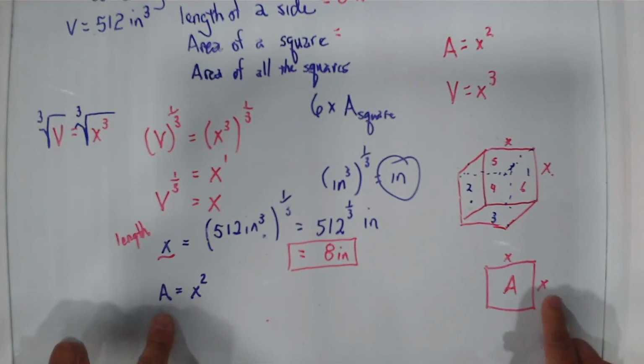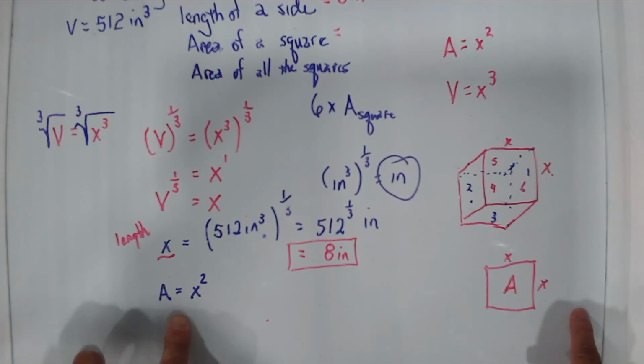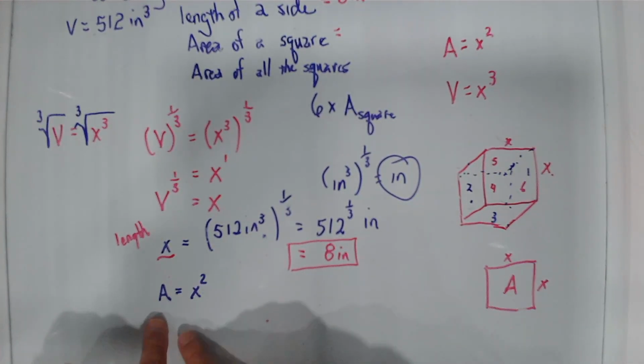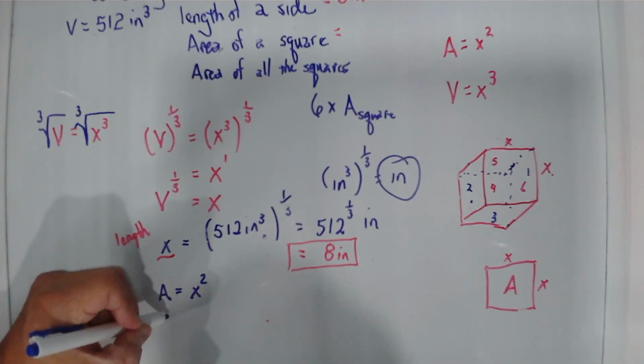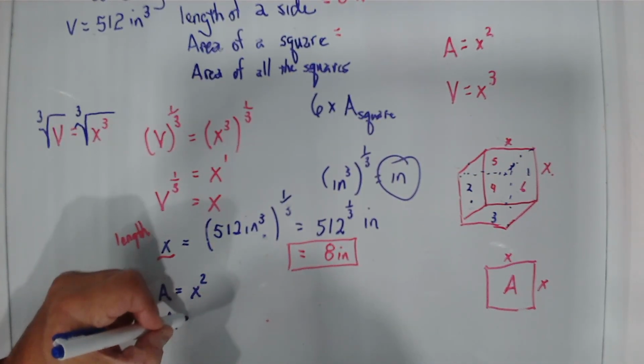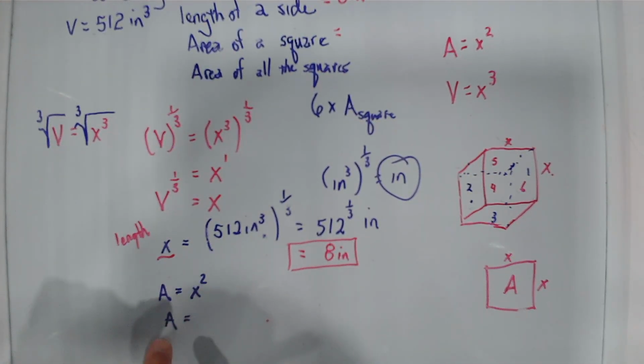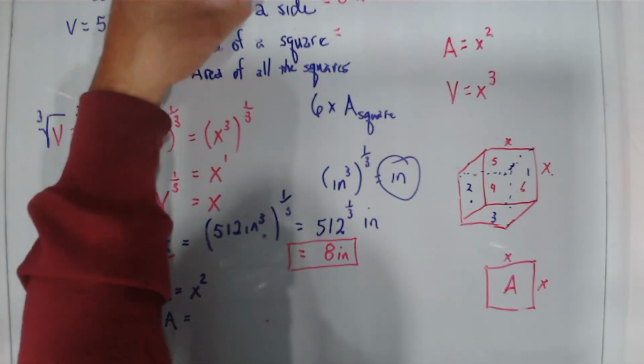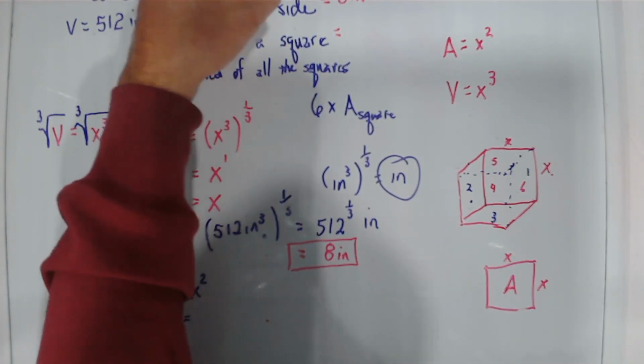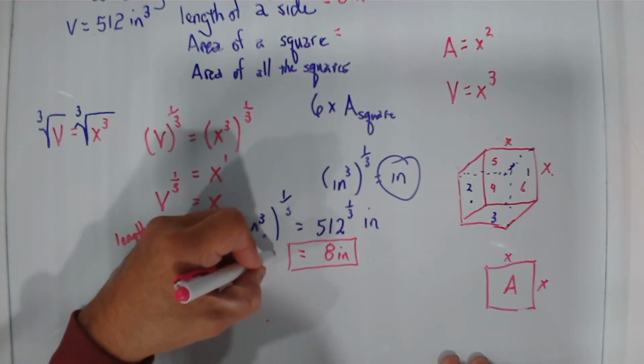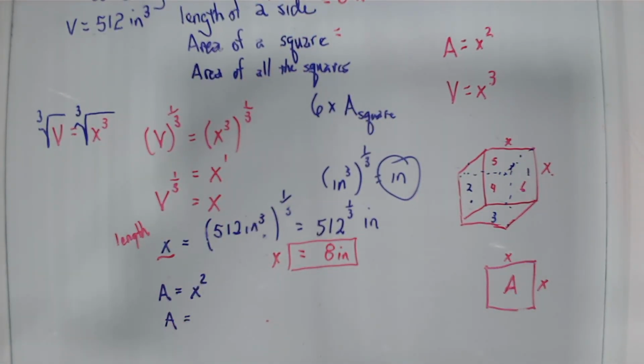So we know that from the formula, and here's a picture to show us what it's going to look like. X times x will give me the area, and that picture helps me understand what the formula is doing. So all I have to do here is A is equal, what is x? Well, the length of the side x is equal to 8 inches.